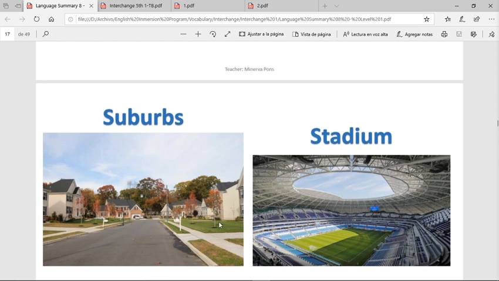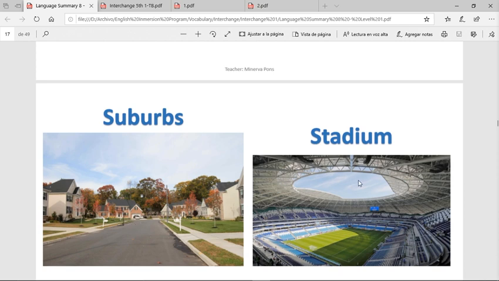It's a lot of houses and families living together, and not many stores. Usually, the people have to go to the city or to the district where they can shop for things and then come back here. This is like the places where people live.